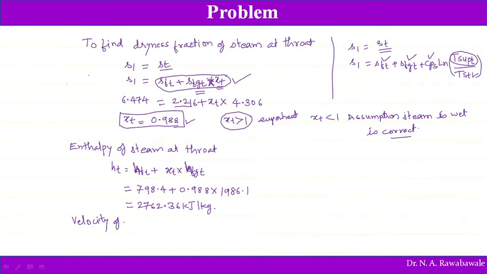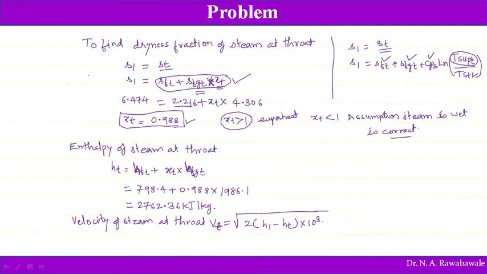velocity of steam at throat, Vt, is equal to square root of 2 into h1 minus ht into 10 to the power of 3.